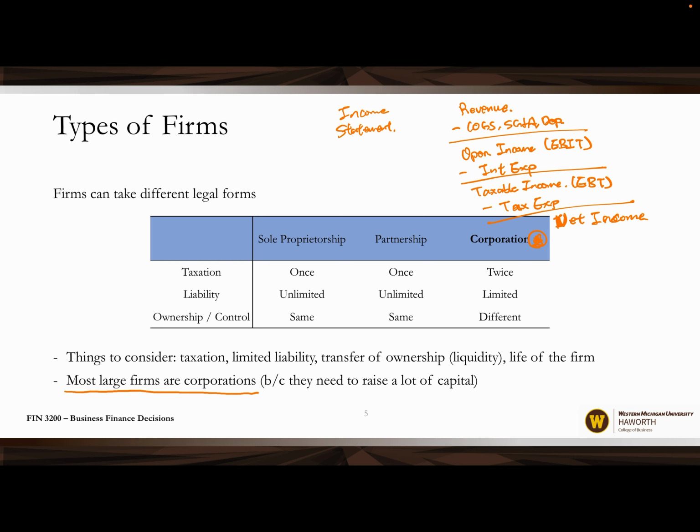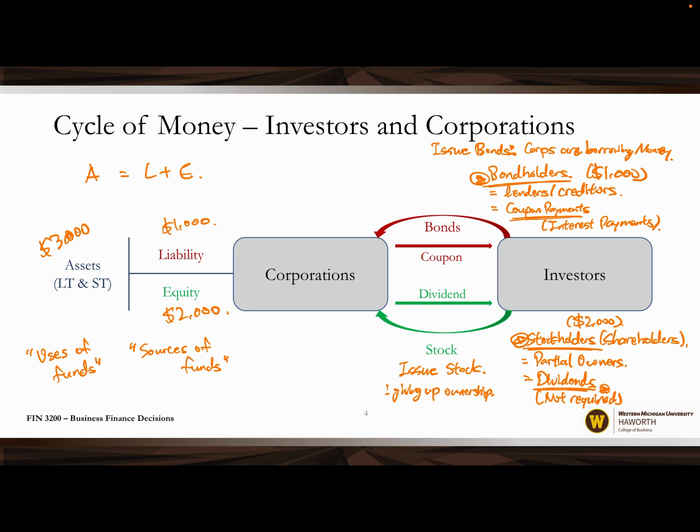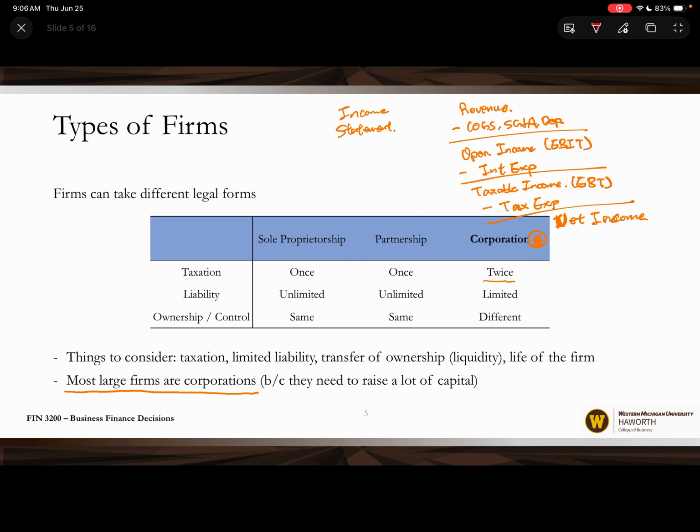What I'm trying to show you is this thing called double taxation. In the previous slide, we talked about how shareholders get their payment in the form of dividends. Dividends come from net income. If you took accounting, you might remember. Let's say the firm made $100 of net income.